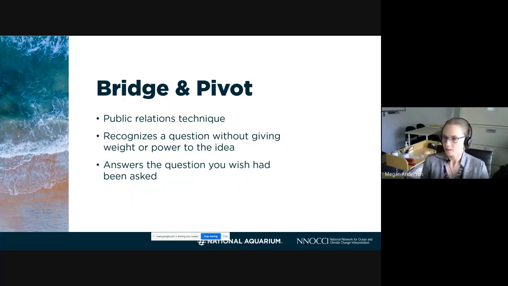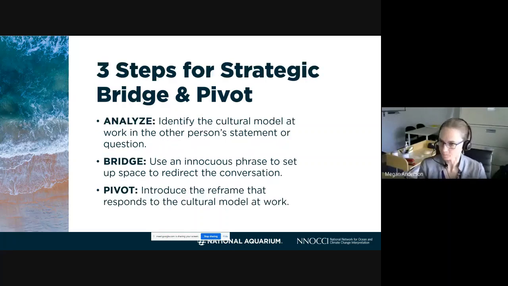It is a public relations technique. It really helps recognize the person without giving any more weight to what they are adding to the conversation, and it helps you pivot into a better area of the conversation.